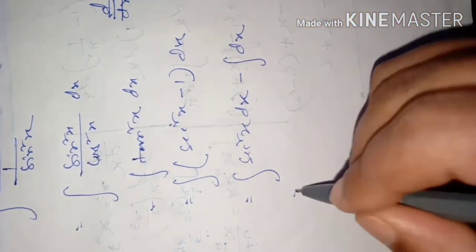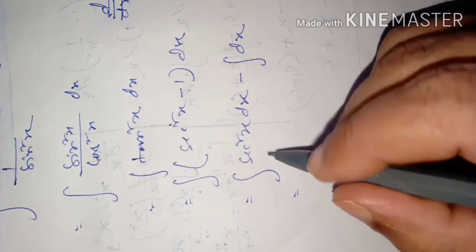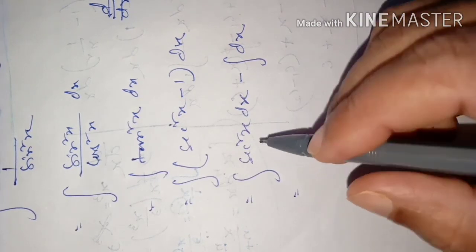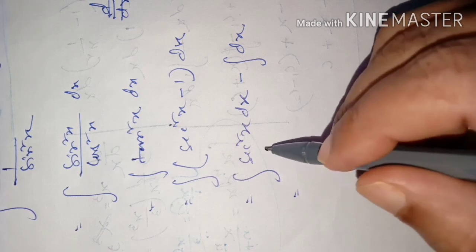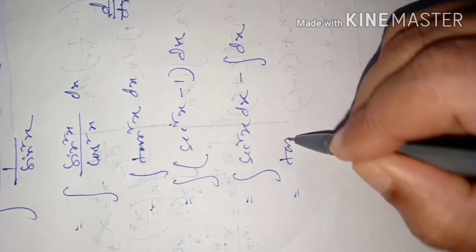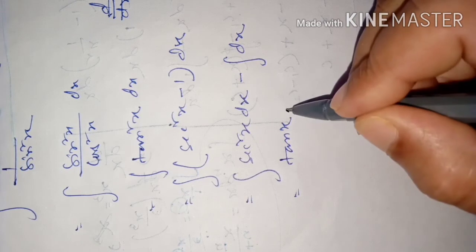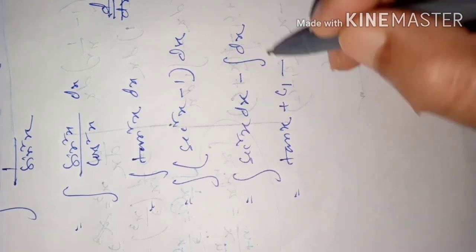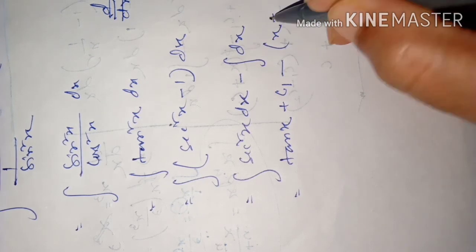So the integration of sec square x dx: its antiderivative is tan x plus c1, minus the antiderivative of dx, which is x plus c2.